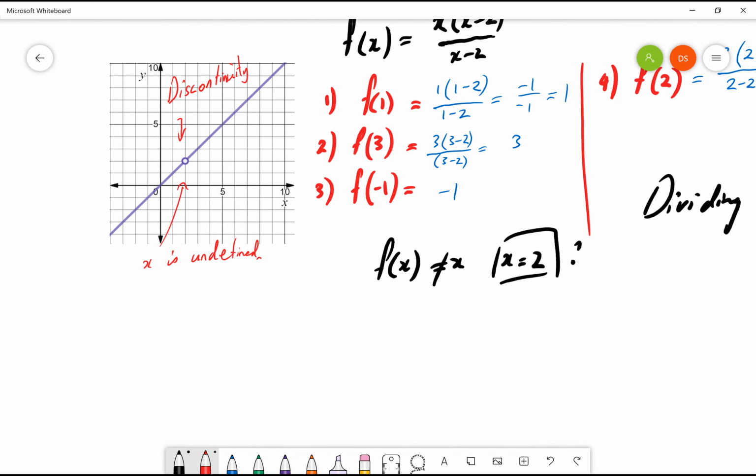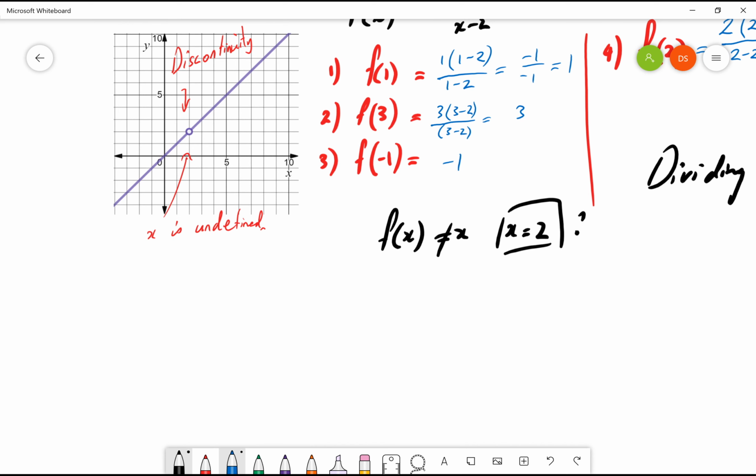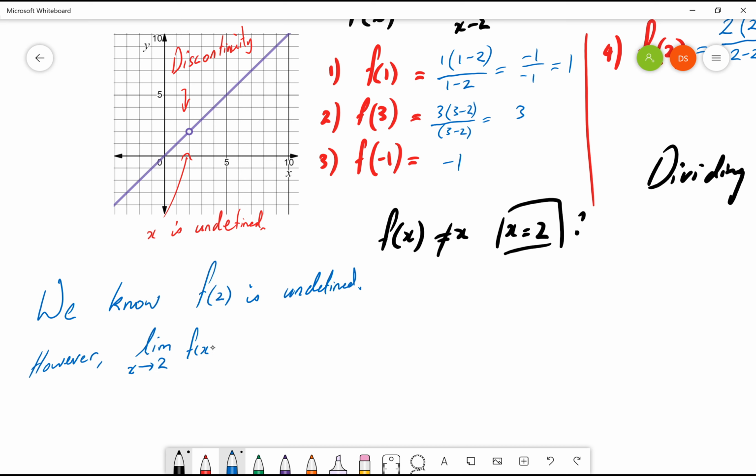Okay? So let's quickly write something. You can see we know f of 2 is undefined. However, limit as x tends to 2 of f of x is equal to what?